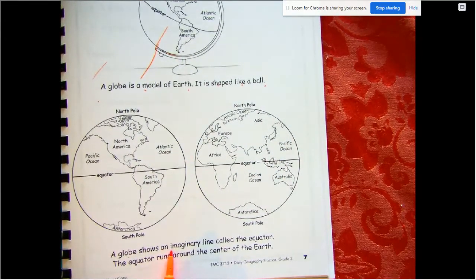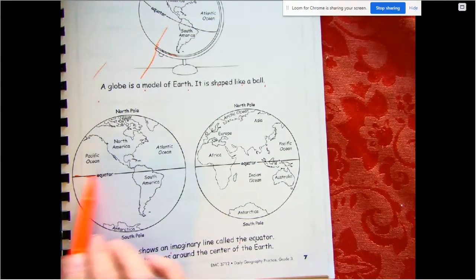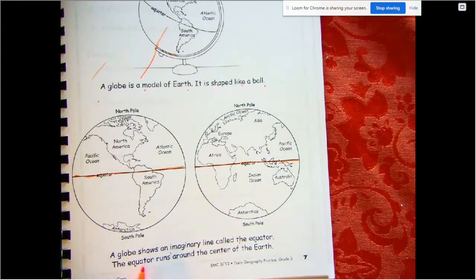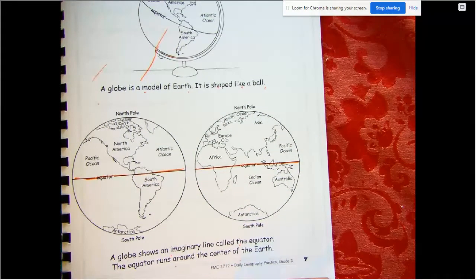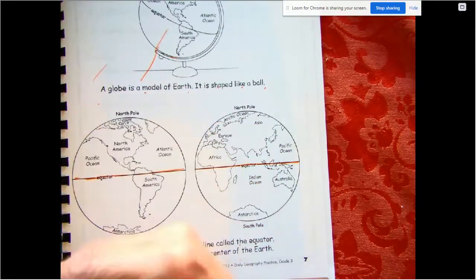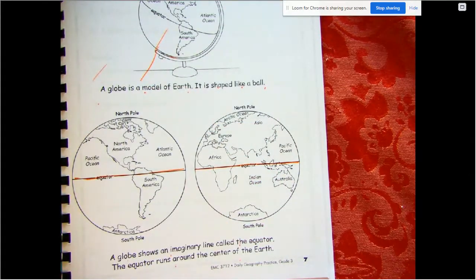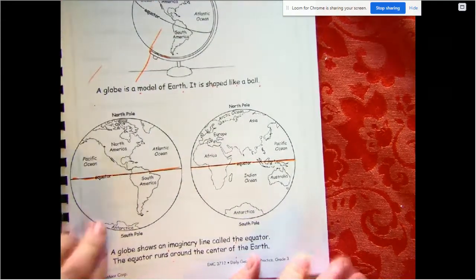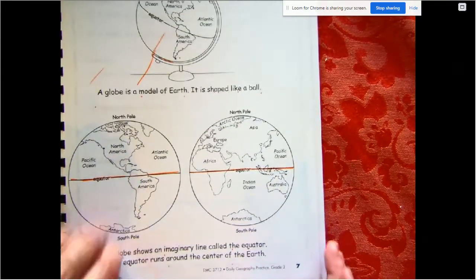A globe shows an imaginary line called the equator. The equator runs around the center of the Earth. So that's what decides that this is the northern hemisphere and this is the southern hemisphere of the globe. All right, so we're going to be using this page for some information.